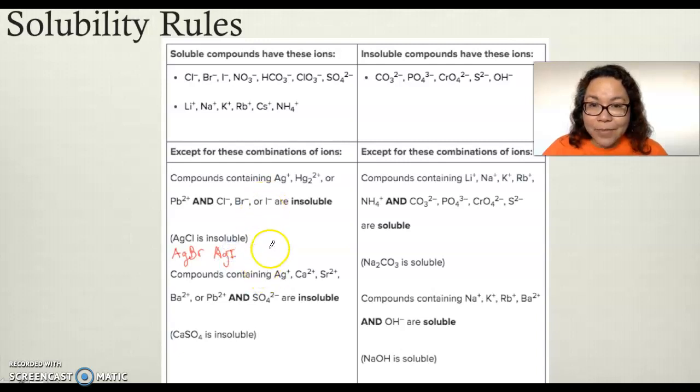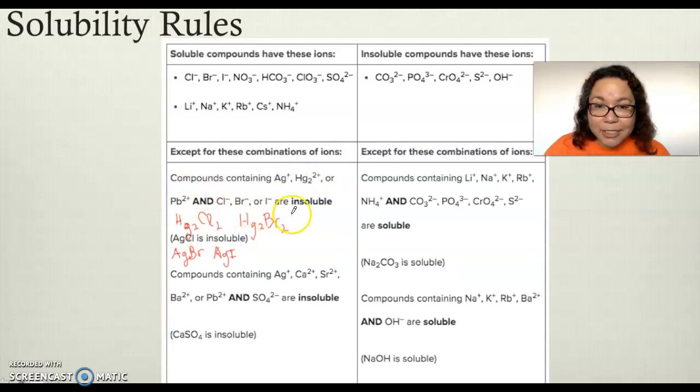And the other combination that's also insoluble will be mercury 2 chloride, that's insoluble. Mercury 2 bromide is also insoluble, and so on and so forth. So any of these combinations, silver, mercury, lead, these three combined with these three, will make a precipitate. These are the only exceptions.